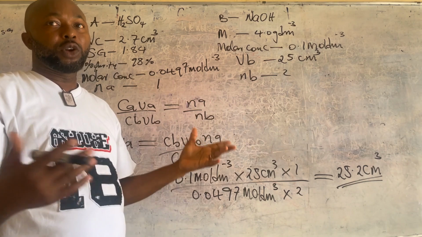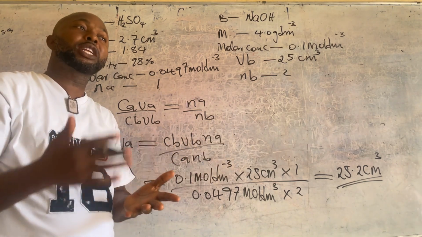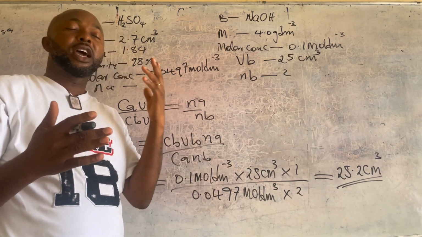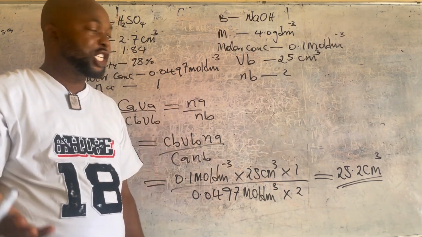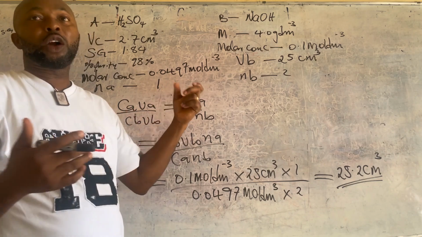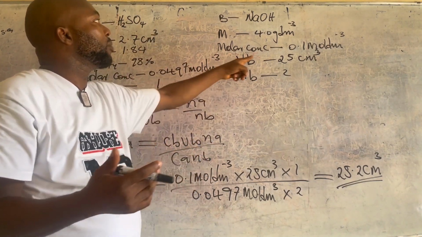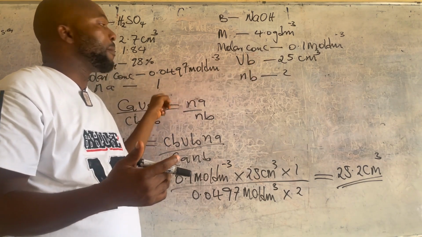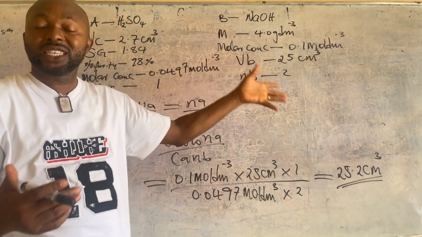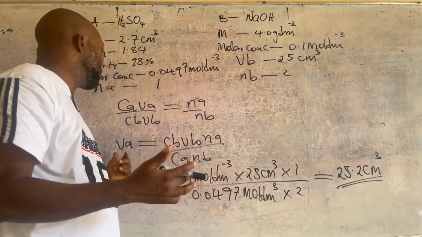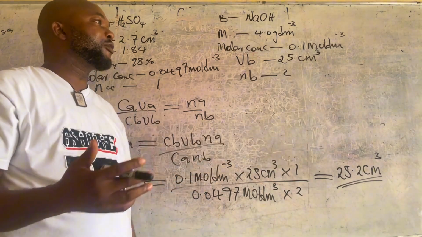Using the formula, the volume concentration is equal to the molar concentration times relative molecular mass times 100, divided by the specific gravity and the percentage purity, we establish the molar concentration. Substituting that into this formula, having determined the molar concentration of the base and balanced the equation to get the number of moles of acid and base, it becomes easy and straightforward to calculate the volume of the acid, which is 25.2.